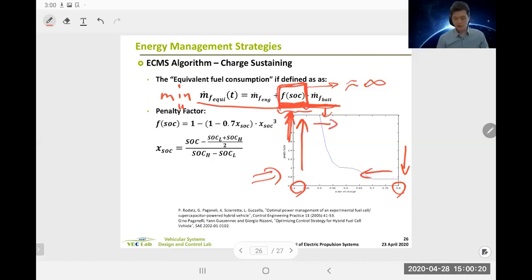So if you are high, you want to deplete the battery. If you're low, you want to charge the battery. So you need some sort of coefficient adaptation as a function of state of charge to ensure charge sustenance. Okay.